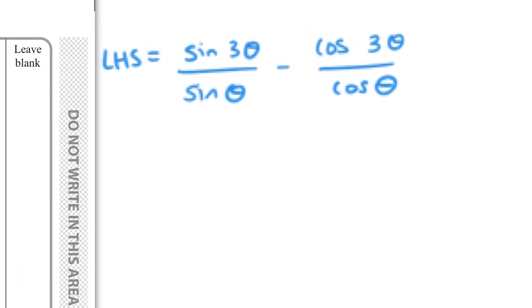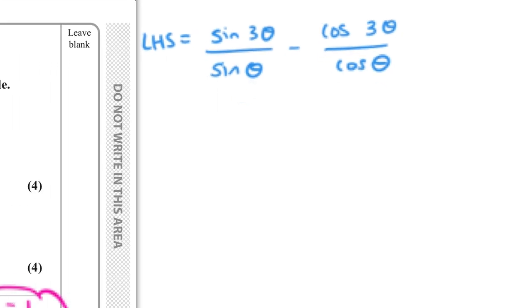What is sine of 3 theta? Okay, I'm not sure if this is going to be the quickest way, but what do I know about sine of 2 theta plus theta? Because that's essentially what sine of 3 theta is, right? This is going to give me sine of 2 theta cos theta plus sine of theta cos 2 theta. Again, this is all in your formula sheet.